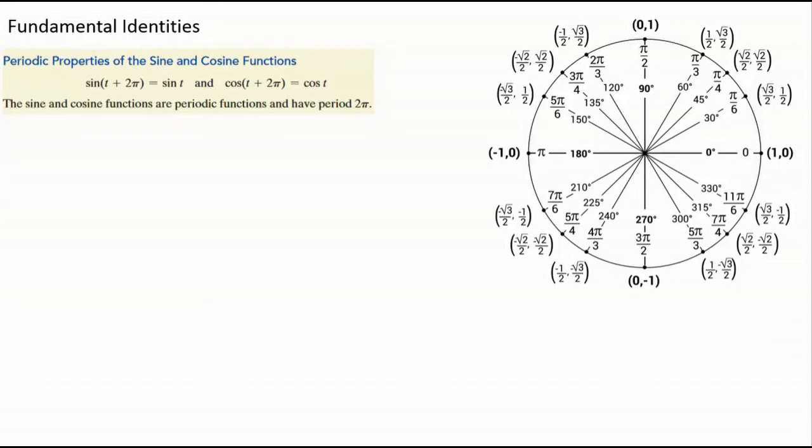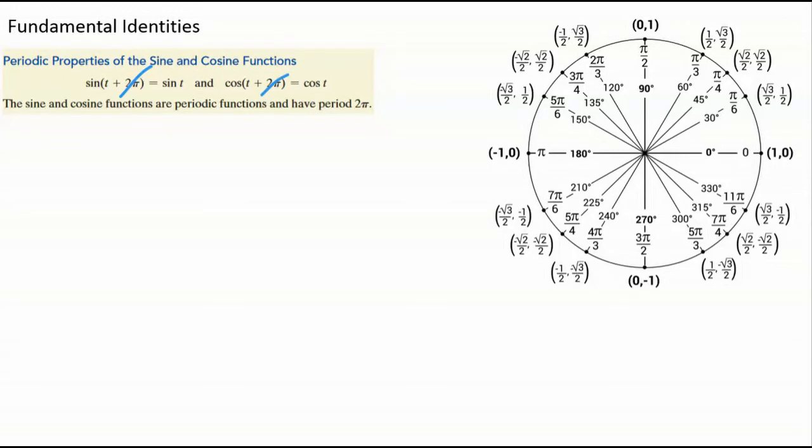So if you take sine of some angle and add 2 pi to it, you're going to get exactly the same thing as sine of t. Or if you take cosine of some angle and add 2 pi to it, you're going to get exactly the same thing as cosine of t. So that's the way you can use the periodic property.